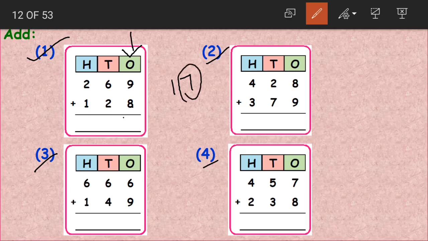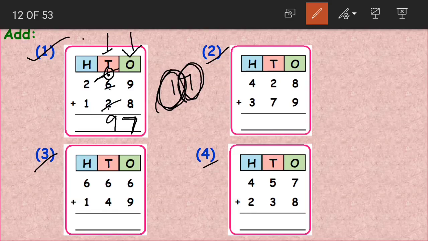Write the digit in the ones place here. In the ones place we are having 7, so we'll write it here, and this extra digit in the tens place will carry to the next digits. Now in the tens place we are having 1 plus 6 plus 2. 1 plus 6 becomes 7. 7 plus 2 becomes 9.